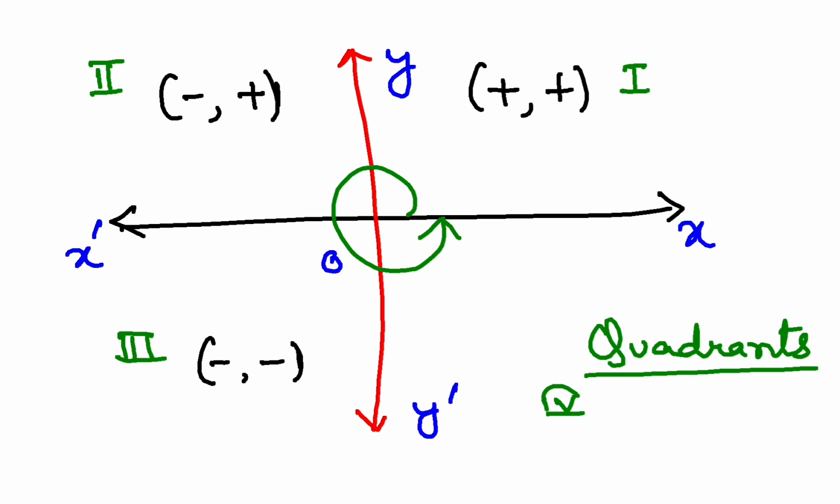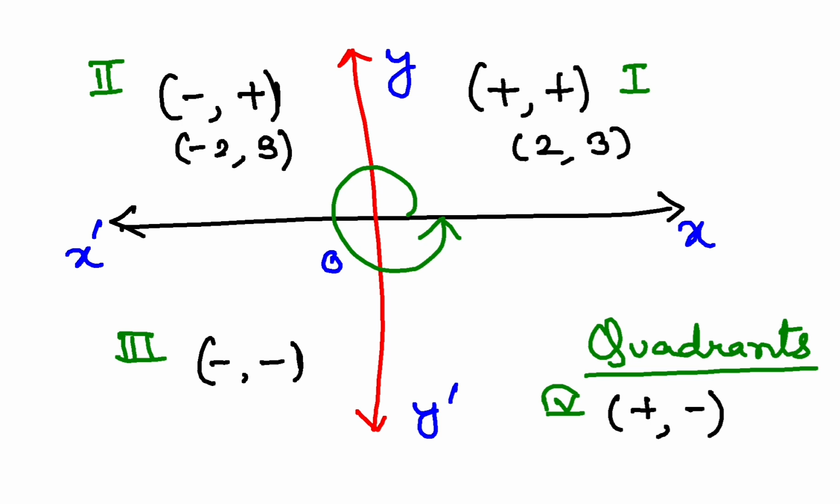And in the fourth quadrant, we have x positive but y negative, isn't it? For example, 2 comma 3 will be here, minus 2 comma 3 will be in the second quadrant, minus 2 minus 3 will be in the third quadrant, and 2 comma minus 3 will be in the fourth quadrant.